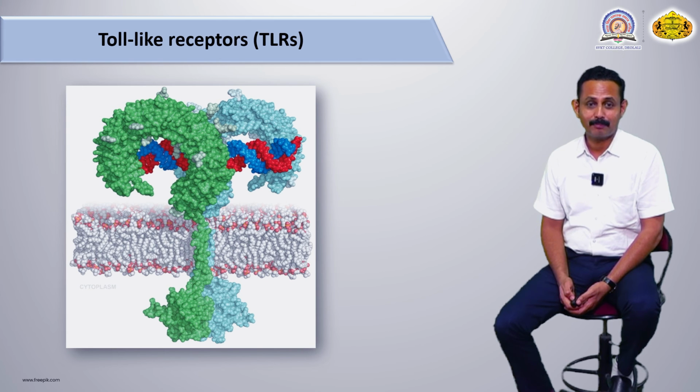This is a computer generated 3-dimensional structure of the toll-like receptor. The green and blue anchor-like structures you will find are the receptors. The white and red is the cell membrane. Already I mentioned in the previous slide, this is a transmembrane receptor. It is proteinic in nature.